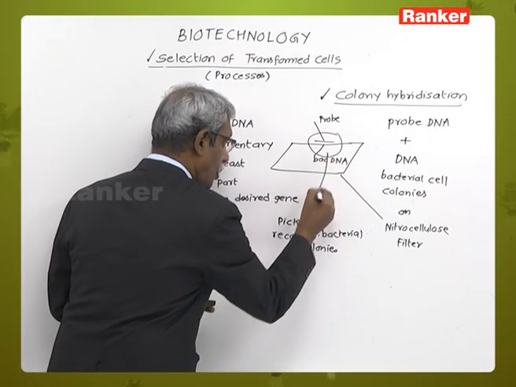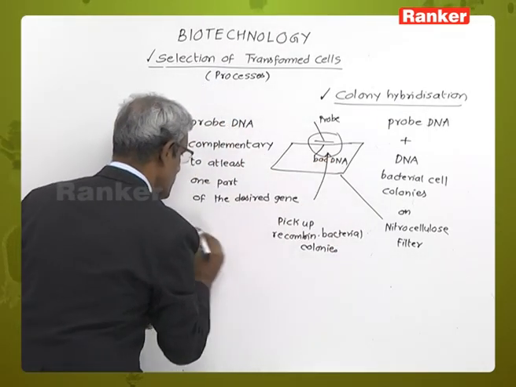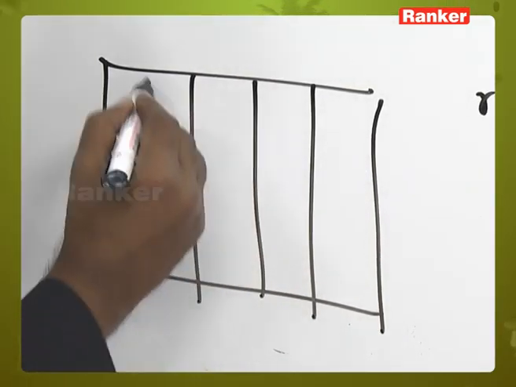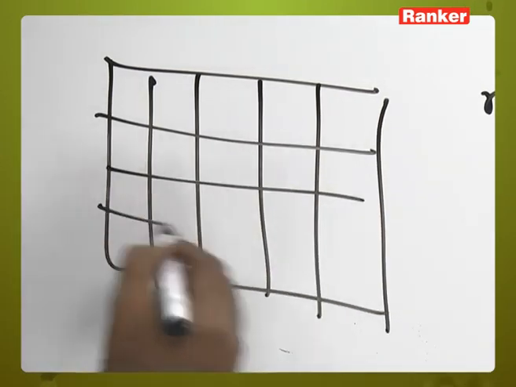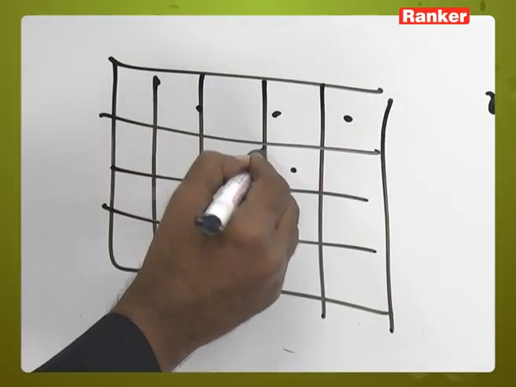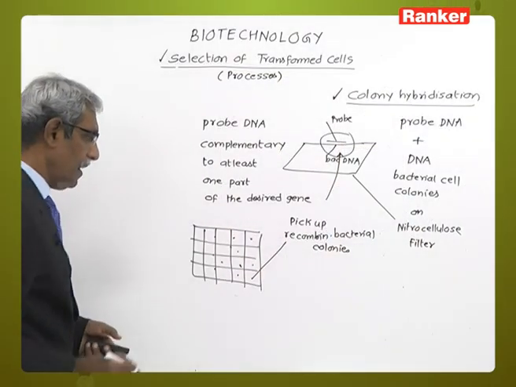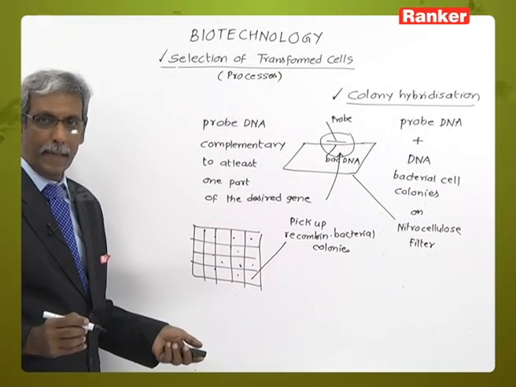We can exactly know how to pick up this. So, if this is a nitrocellulose filter, these are the bacterial colonies which can be picked up.